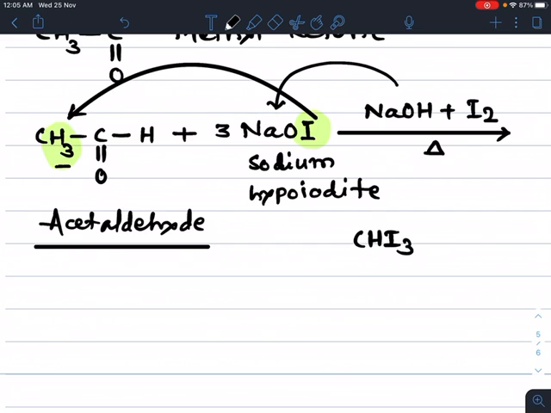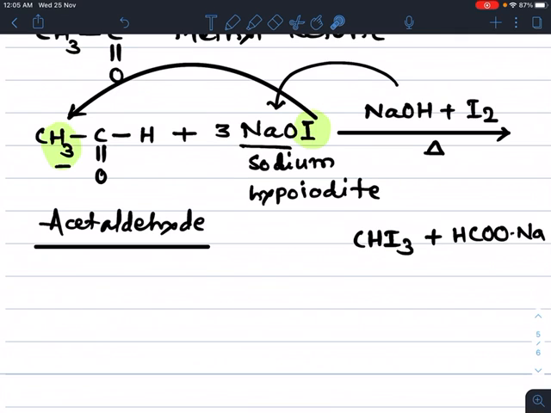We get CHI3 plus the byproduct. The remaining ONa group combines with the remaining part of the aldehyde, the CHO group, so we get HCOONa, sodium formate, as the byproduct, and one more NaOH remains.